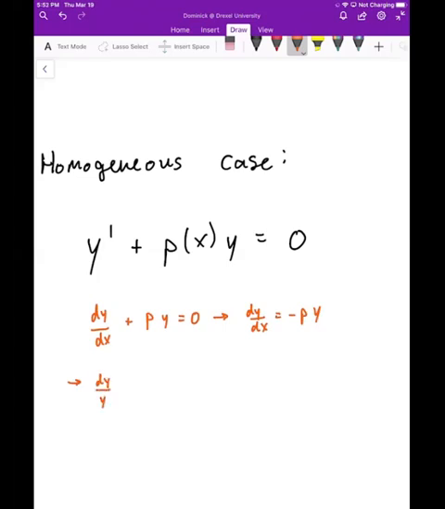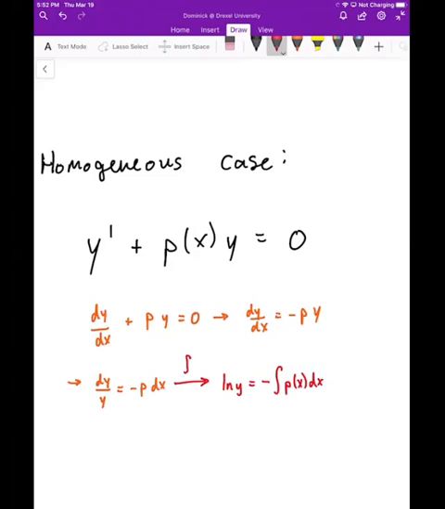So we can think of this as dy over y is equal to negative p dx, and now we can integrate both sides. We'll then get ln of y is equal to negative the integral of p of x dx.